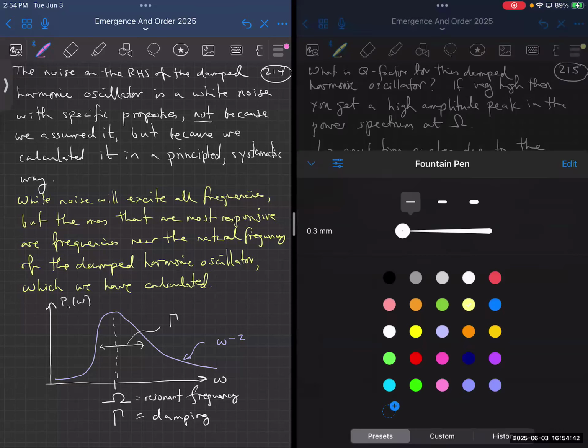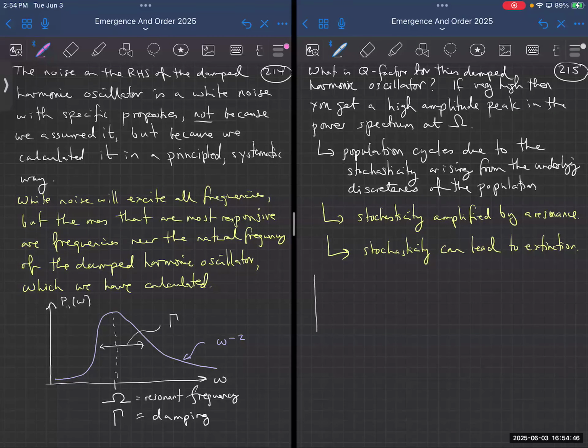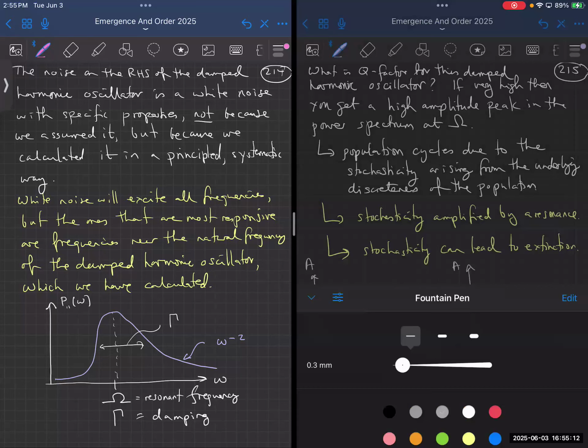So let's have a look at the phase space of this system. This is going to be A, and this is going to be B. And I'm going to look at it in two different ways. So on the left picture, here's what I want to draw.